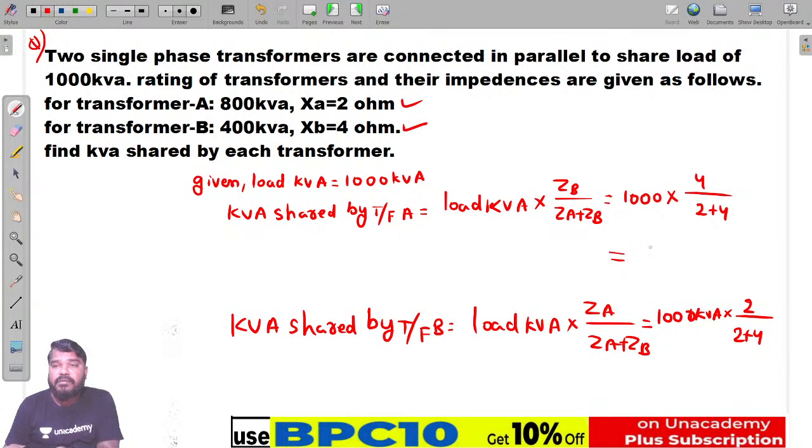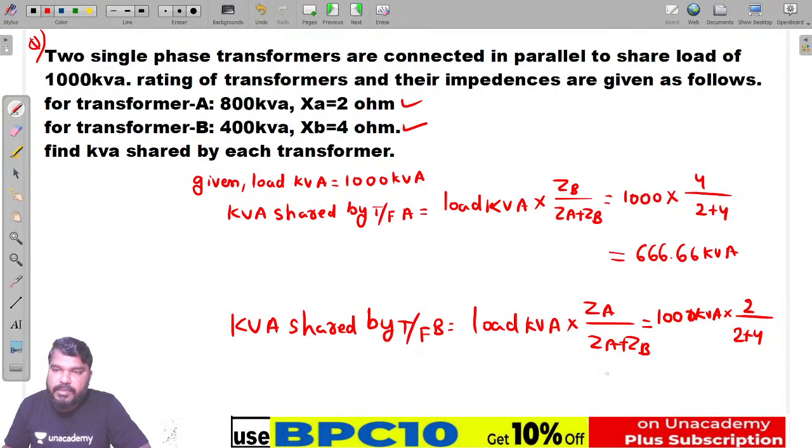What is the answer? First one, 1000 into 4 divided by 6, which is equal to 666.6 kVA.